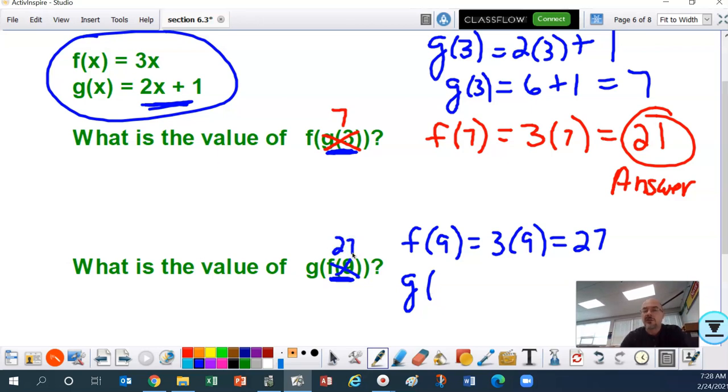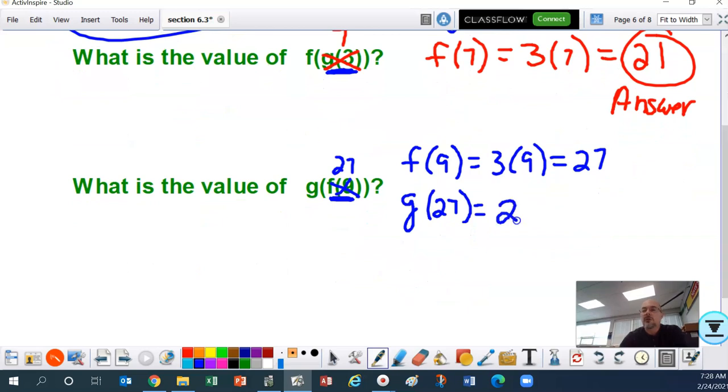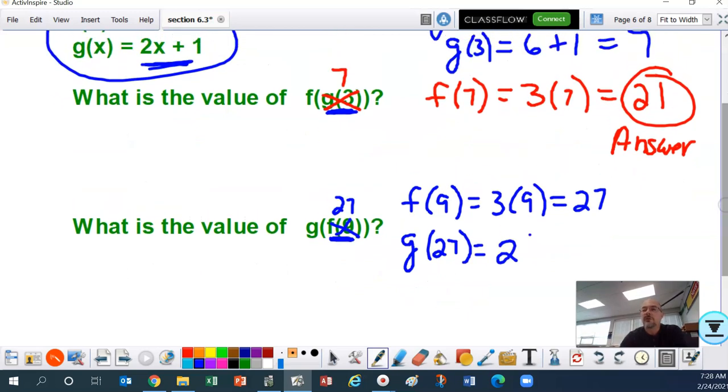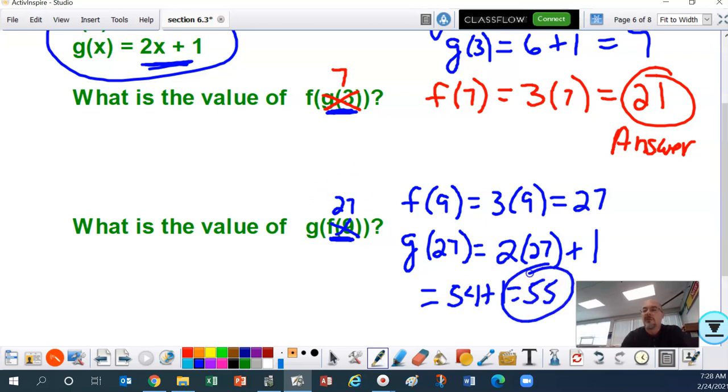Now that's going to be g of 27. So g of 27 is going to equal 2 times 27 plus 1. And so that looks like that's 54 plus 1, which is 55. And that's our answer.